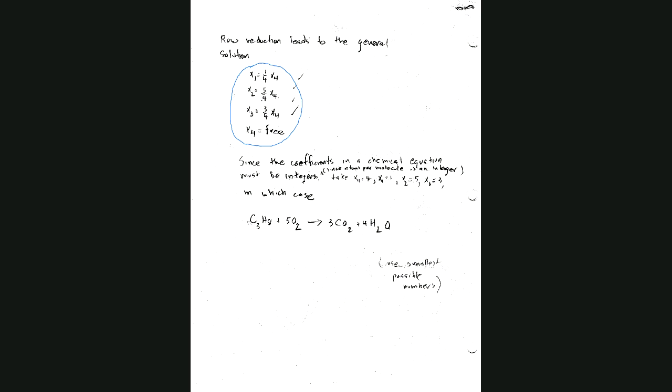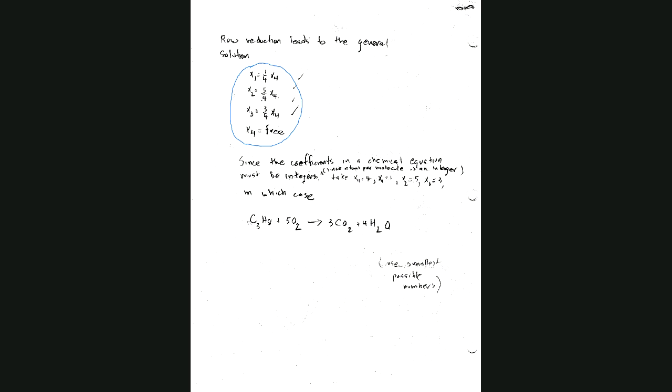No, we can't because we want to balance this equation. If it were just a math problem, sure, we could, because x4 is free. But this is an application, and x4 is the coefficient that comes in front of the H2O, and we need that to be an integer. We would be violating chemistry laws if we didn't use integers.